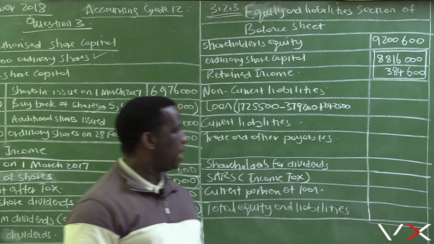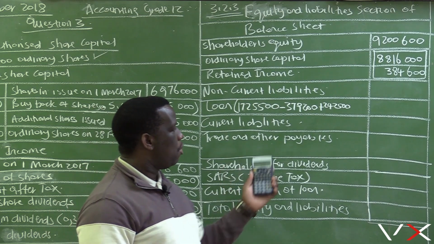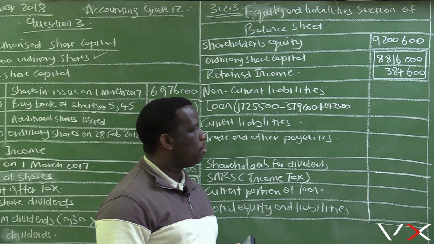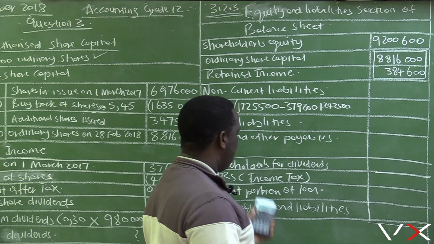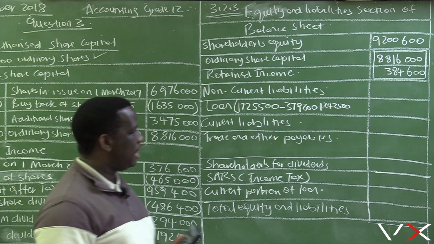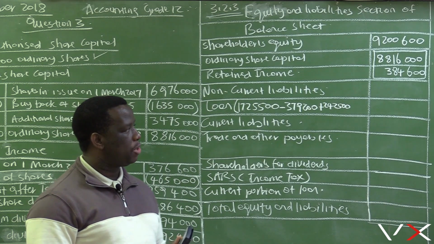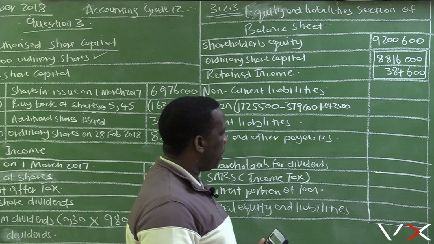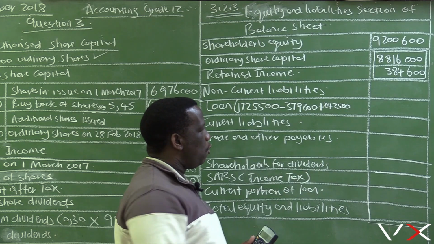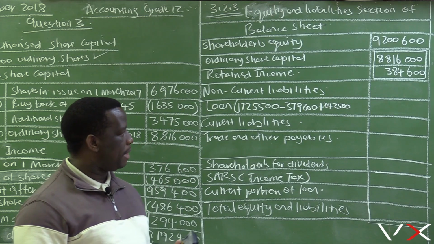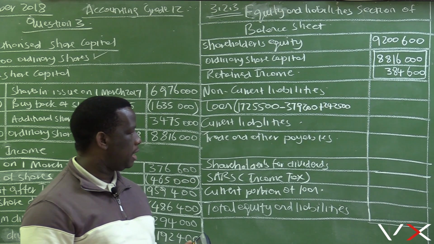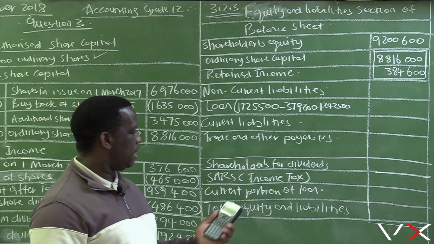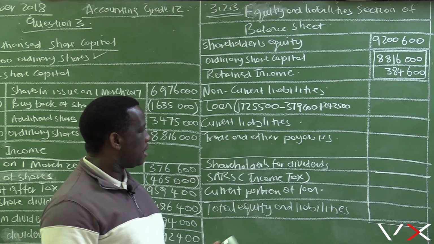Remember now we need to take out the current portion of loan from this loan. That is going to be recorded under current liabilities. The current portion of loan, we are referring to the repayments on loan that will be made in the next 12 months. Anything that is going to take place in the next 12 months is regarded as current.